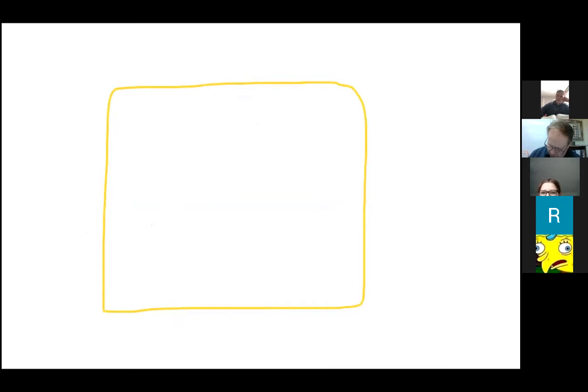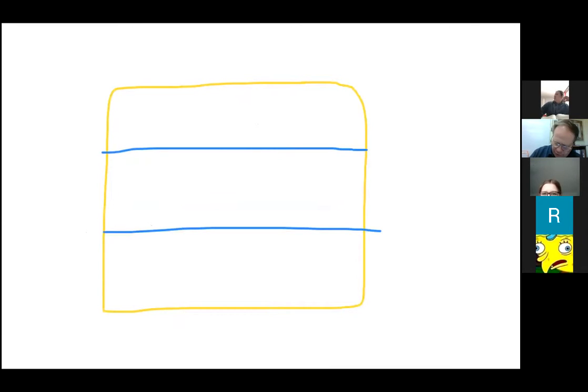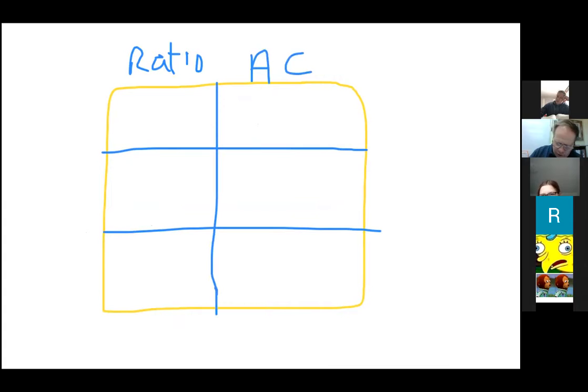All right, so let's try a different one here. It says there in example 2, only 40% of the team members played in the game. So the two categories that we're talking about here, we'd split it into 3 parts. We have the ratio, of course, is the first thing here, and then the actual count. I'll just put AC over here. We know that those that played and those that didn't play, we'll put DNP for that.